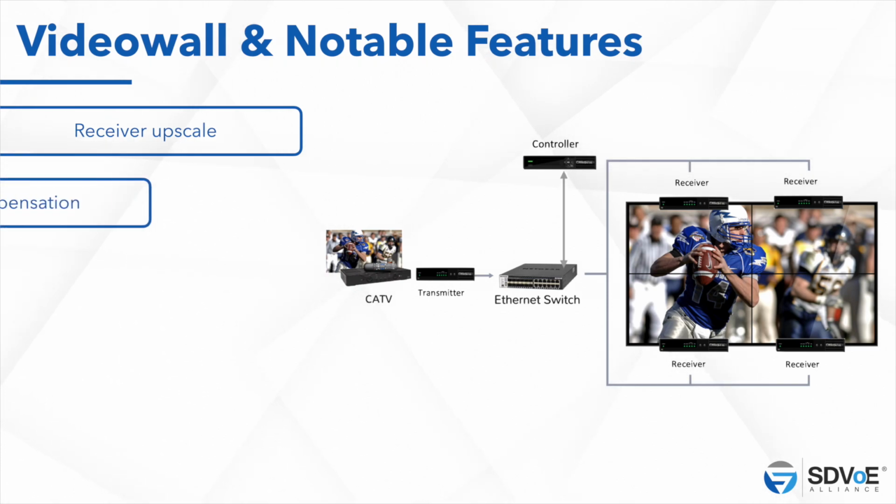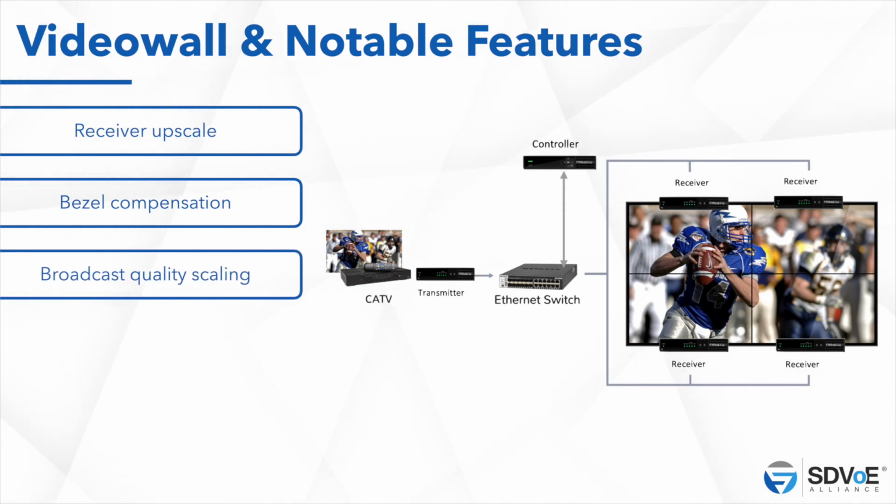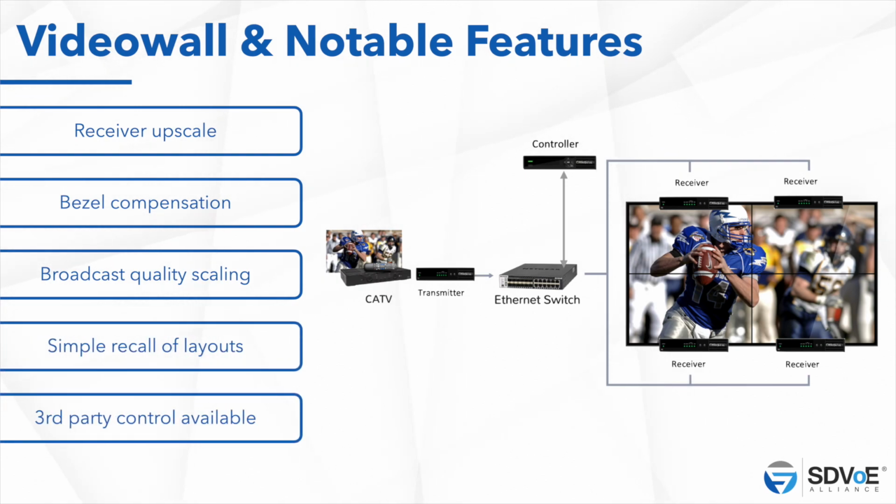We support bezel compensation. Bezels are getting better, but if you don't have bezel compensation, you have problems with the picture, artifacts. Broadcast quality, very easy recall presets and layouts, and we support third-party controllers.